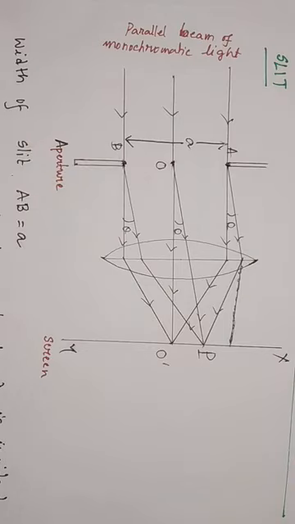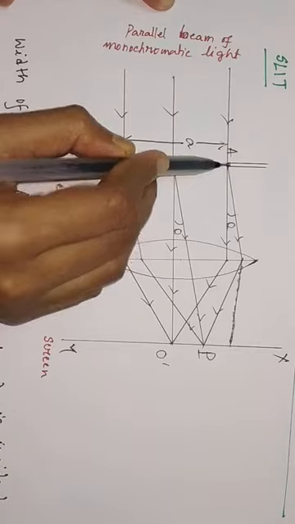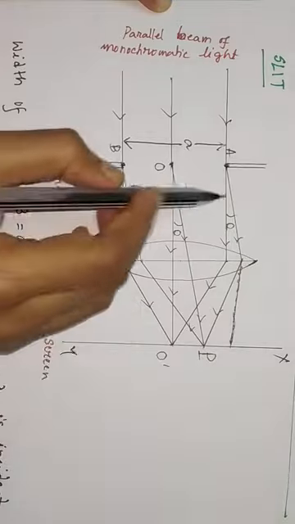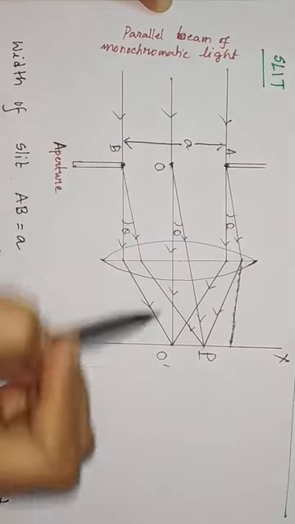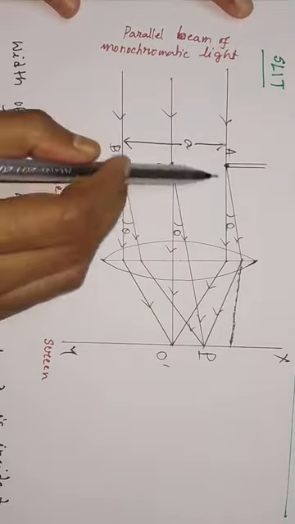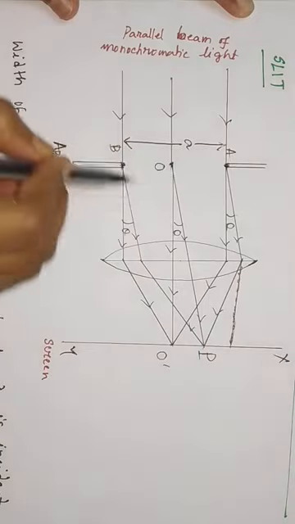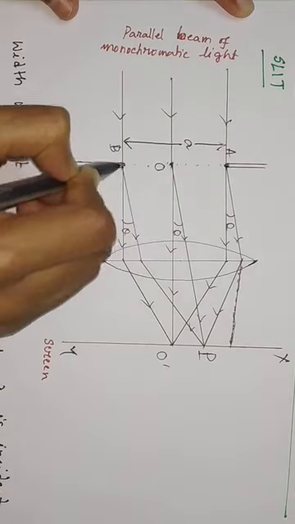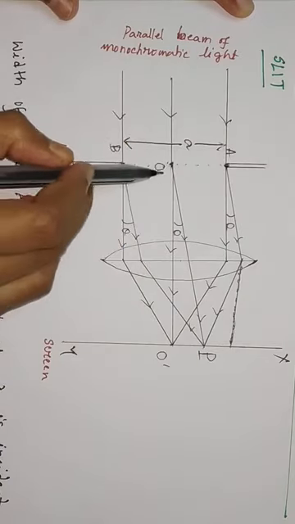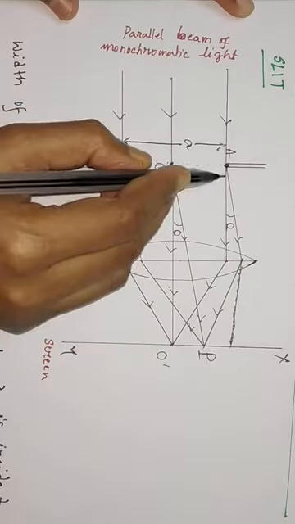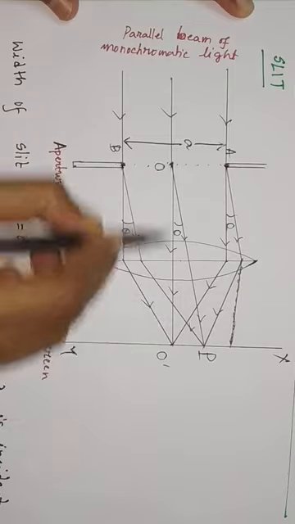The same goes for the point source at B. As a result, different rays will be diffracted in different directions by different angles. For every point on this slit, there will be some rays which suffer no deviation or diffraction, and they will pass parallel to O prime.